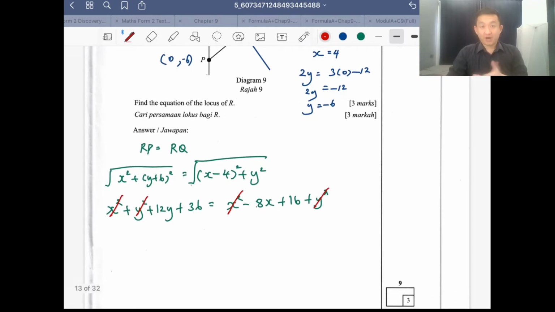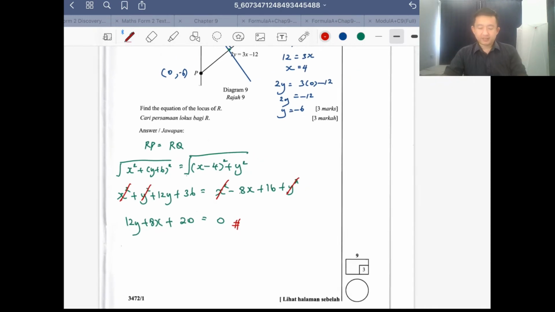So you have y and x. This is the equation of the locus, 12y plus 8x plus 20 in general form. This is one of the methods.